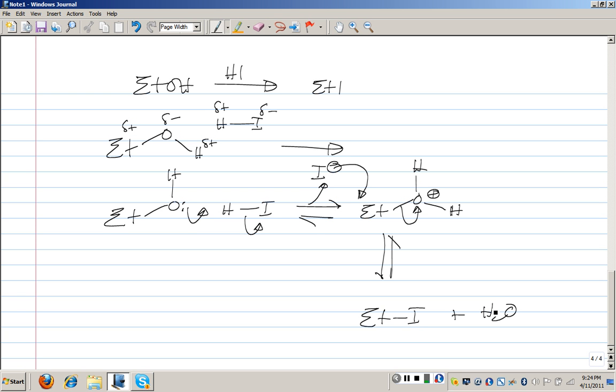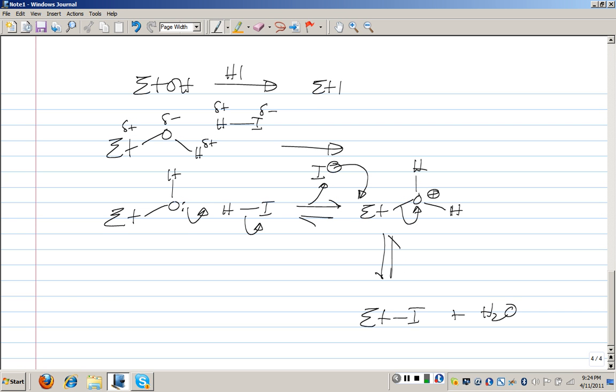Now, just notice this is a push, pull. And both of these are equilibria because I have an acid-base reaction, so that's an equilibrium. And I have a reaction in which water is essentially leaving a positively charged species, so that's going to be an equilibrium reaction.